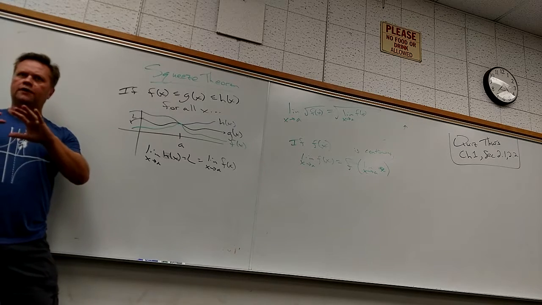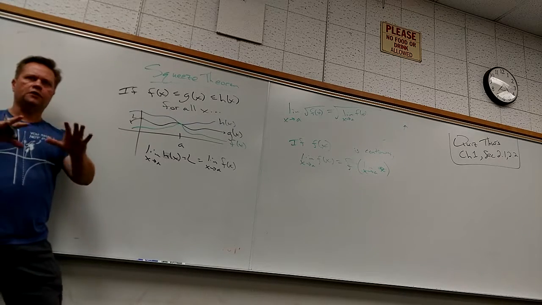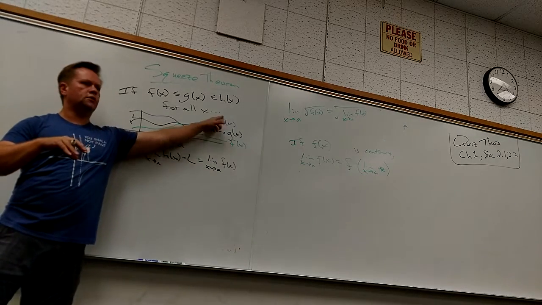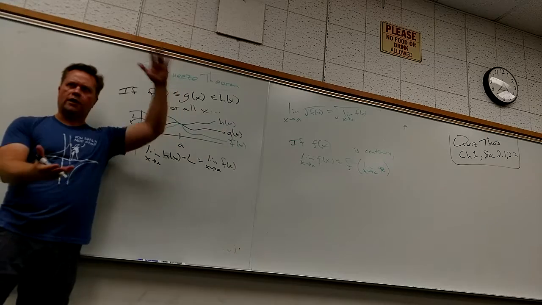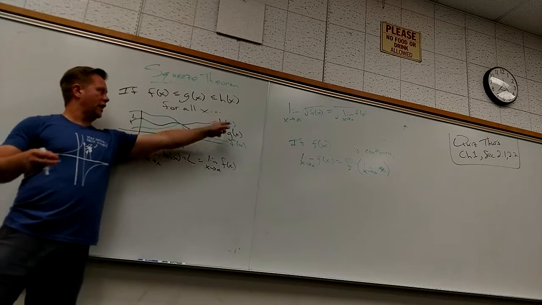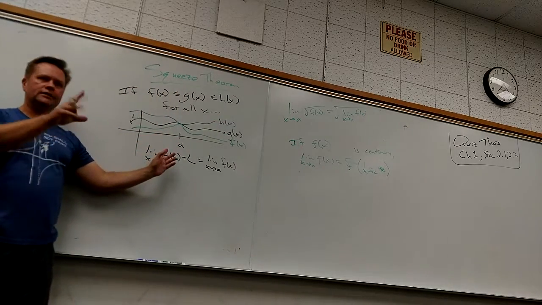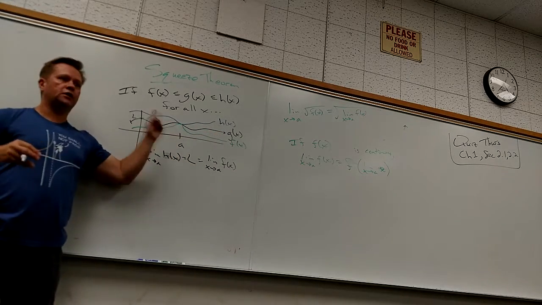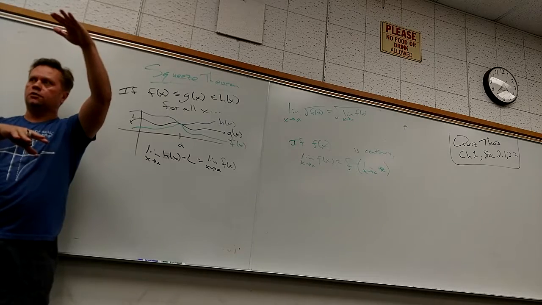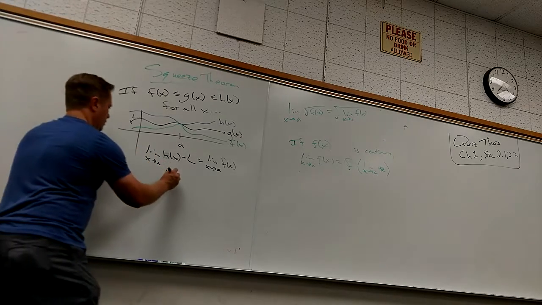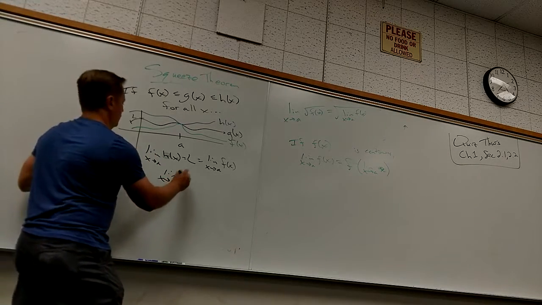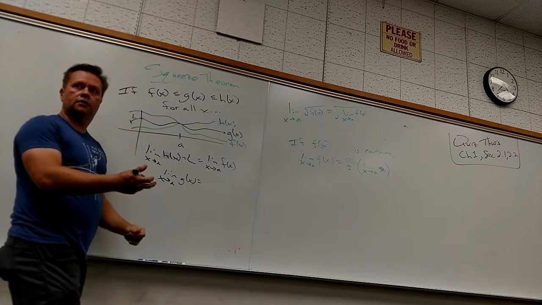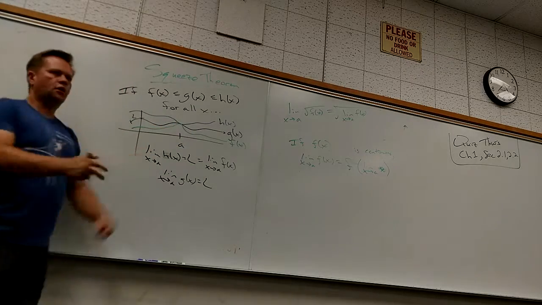Let's say g of x itself is a funky thing, but I know that g of x is always in between these two functions. You see why it's called a squeeze theorem. If h is easy, I can tell what the limit is. And if f is easy, I can tell what the limit is. And g is really freaky, but I know it's always between those two. What must the limit as x goes to a of g of x be? L. It's the only thing it could possibly be. It's squeezed. It's always got to be between the two.